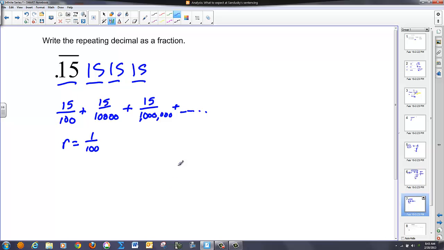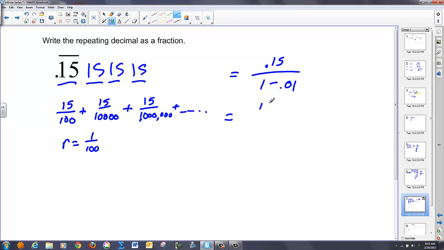So I can then say that my first term in this whole thing was 0.15, or 15/100ths, over 1 minus my ratio of 0.01 will get me some sum.